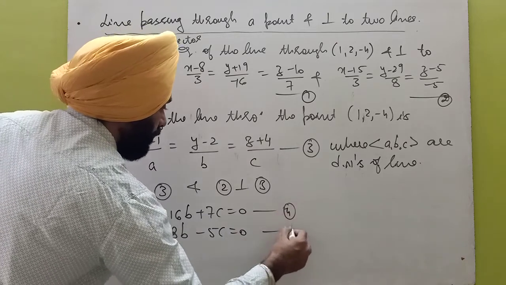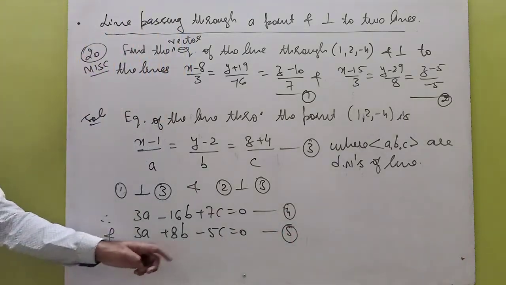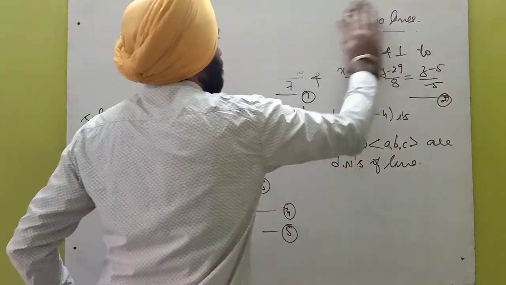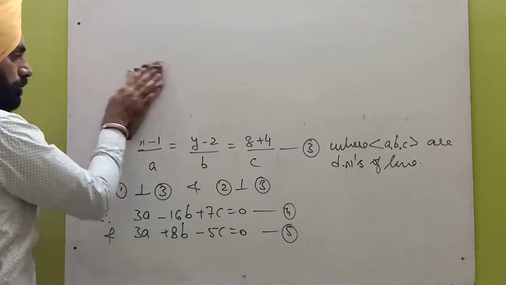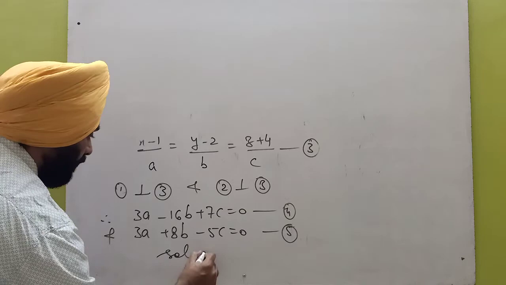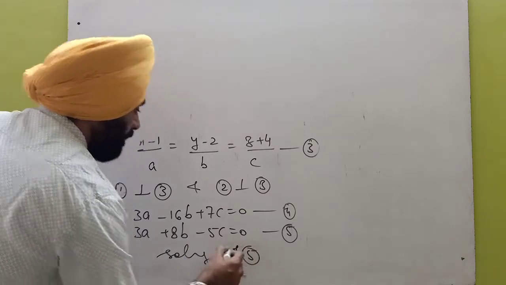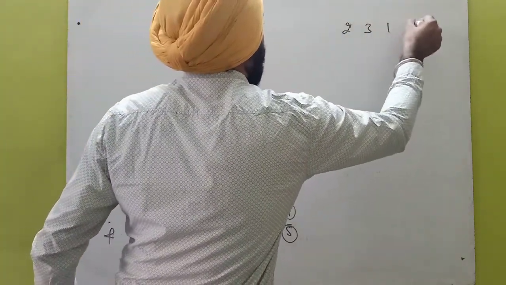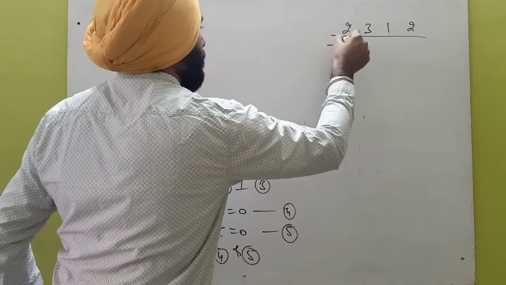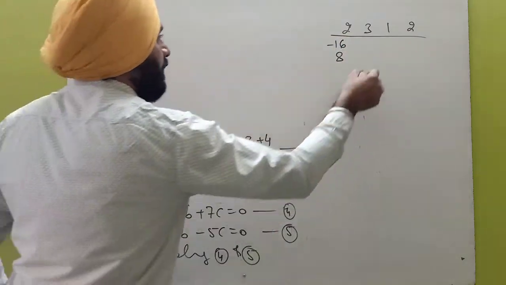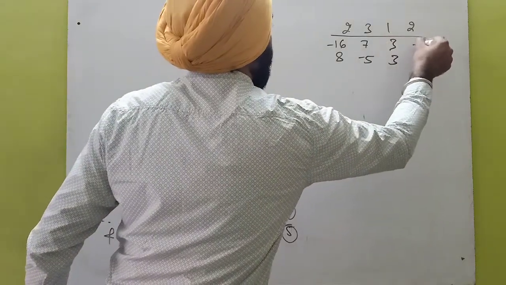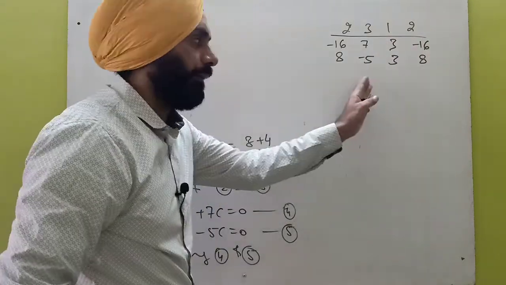Let us take number 4 and number 5 equations, and we can solve these equations proportionally by the cross multiplication method. So solving 4 and 5 by cross multiplication method: coefficients of the second term are minus 16 and 8, and third term is 7 and minus 5. First is 3, 3, and again second term coefficients are minus 16 and 8.